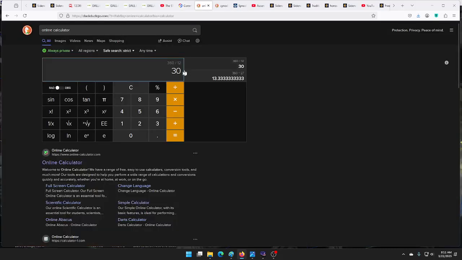Now, online calculator again. Turns out that 12 times 9 is 108. And it turns out 27 times 4 is 108. 27, we know what that is for the moon. 12, we know what that is for the sun. 4 and 9.